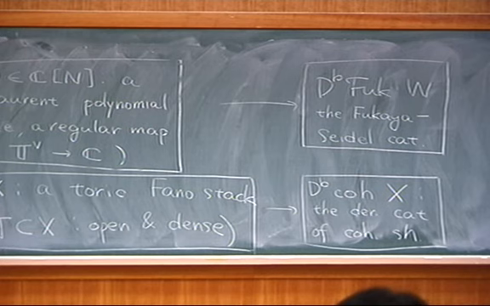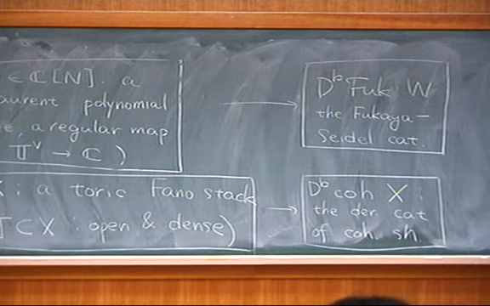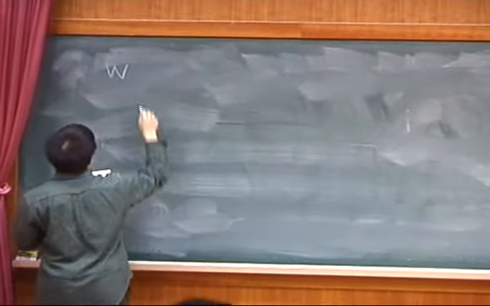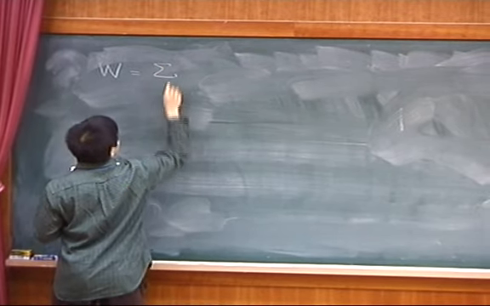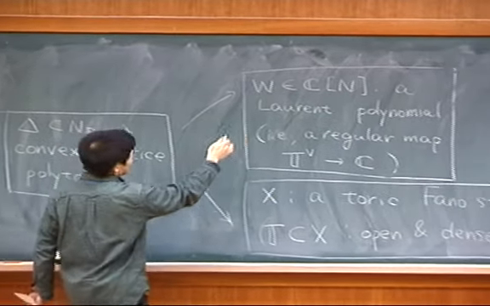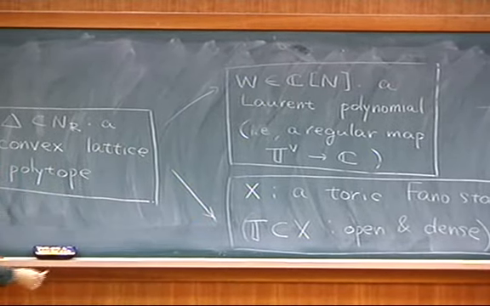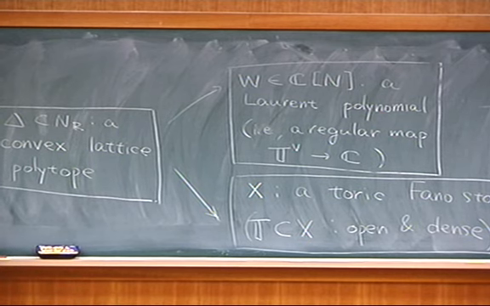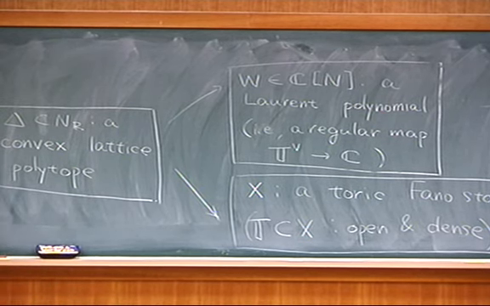So you have infinitely many examples in each dimension. And here the relation between delta and W is such that W is a general Laurent polynomial whose Newton polytope coincides with delta.